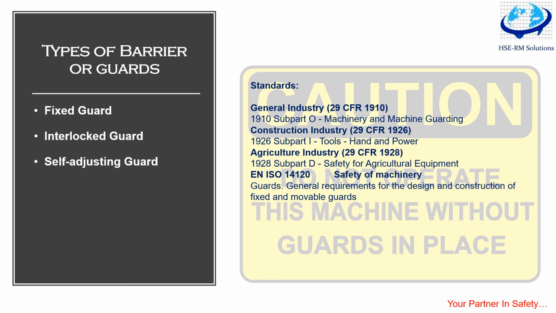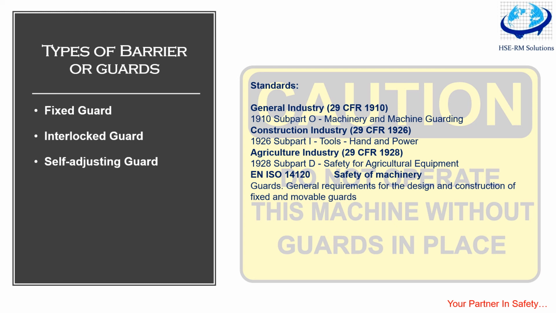Now, this category refers to a barrier affixed to the fabricating machine to act as a shield to prevent contact with the operator's body, that moves according to the size and orientation of the workpiece entering the machine's point of operation. A self-adjusting guard is completely in place when the machine is at rest, pushed away when the workpiece enters the operating point, and provides an opening just big enough for the workpiece.